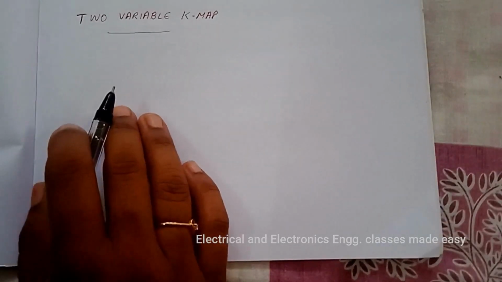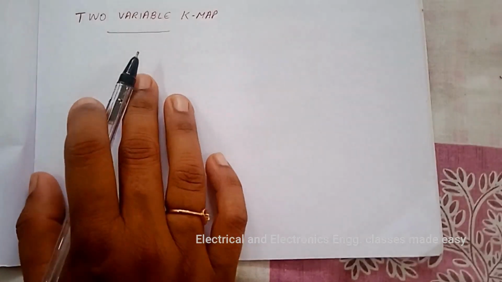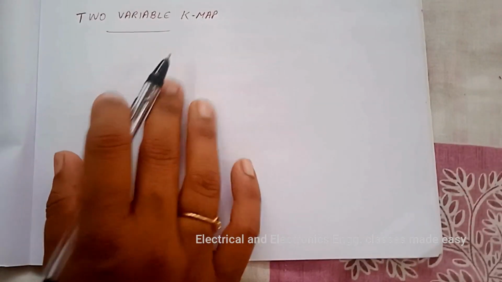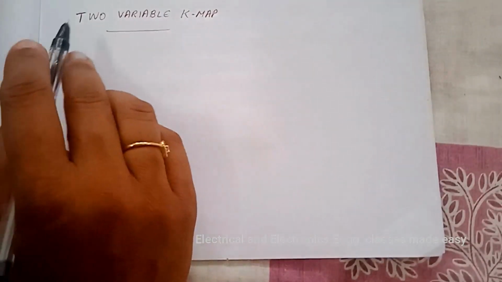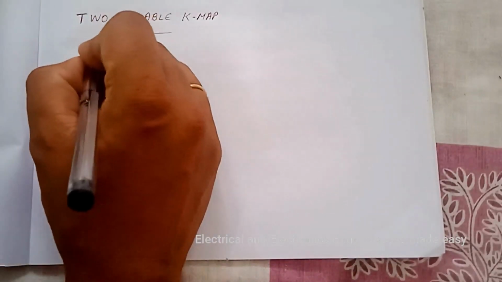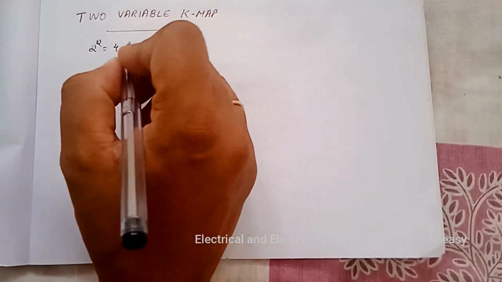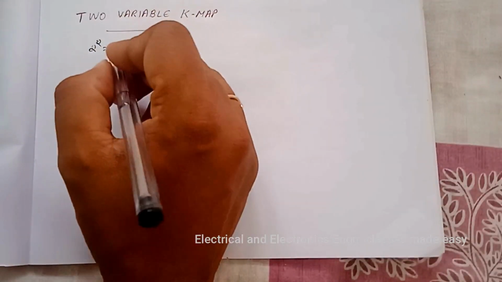Welcome to new class. Today's class is two variable Kmap. A two variable expression can have 2 raised to 2, that is 4 possible combinations of the input variables.